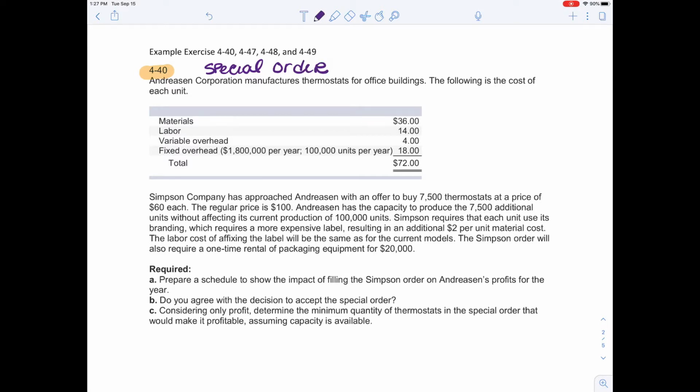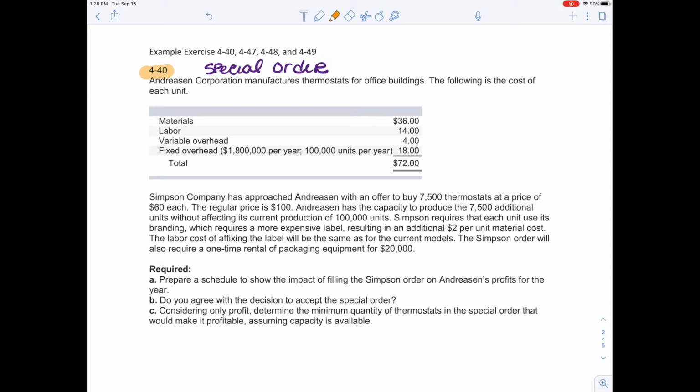And to do that, what I'm going to start off with is looking at that per unit cost. So this is my typical per unit cost. But what I really need to do is make sure I go through and read that paragraph to see what additional information is important, what is relevant.